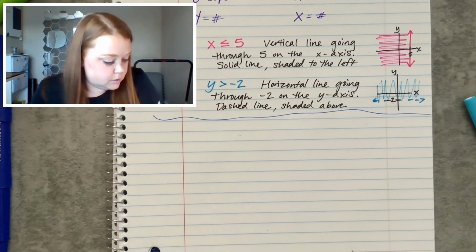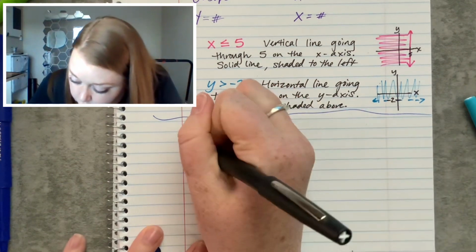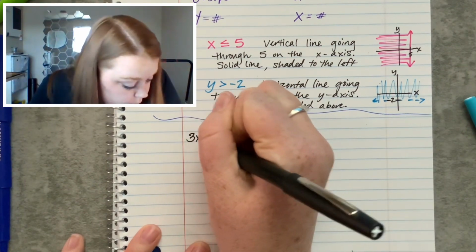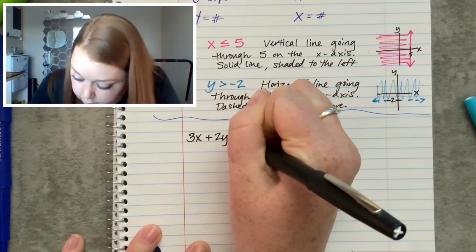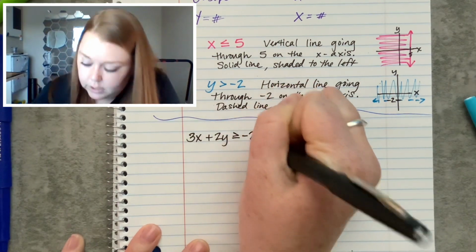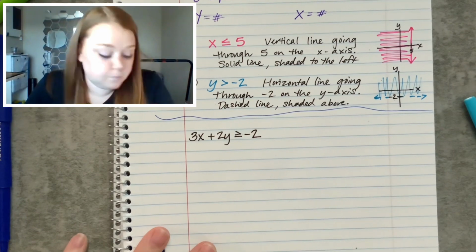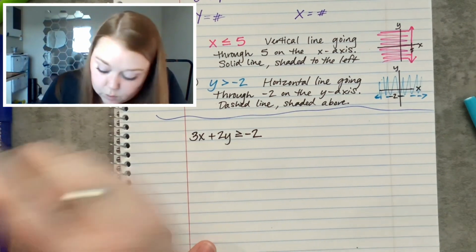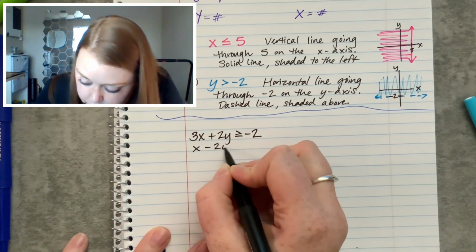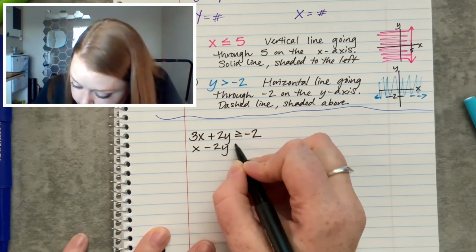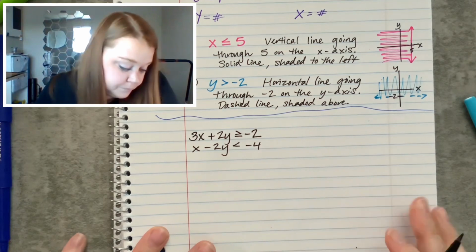Here is the system. 3x plus 2y is greater than or equal to -2. The second inequality in the system is x minus 2y is less than -4.